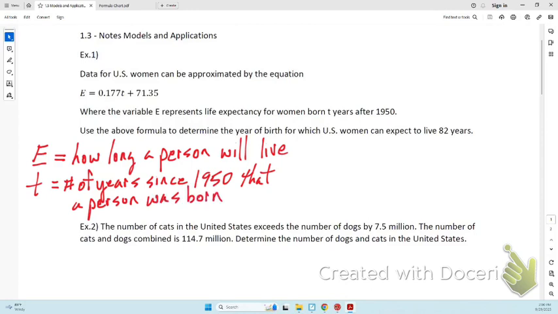So it's really important to do that because when they give you a number here in the problem, you need to know what to plug it in for.